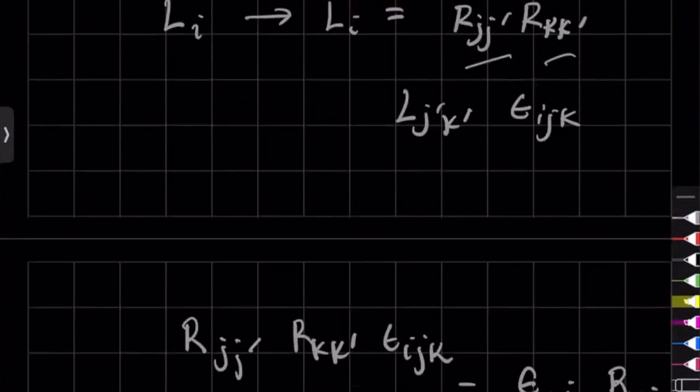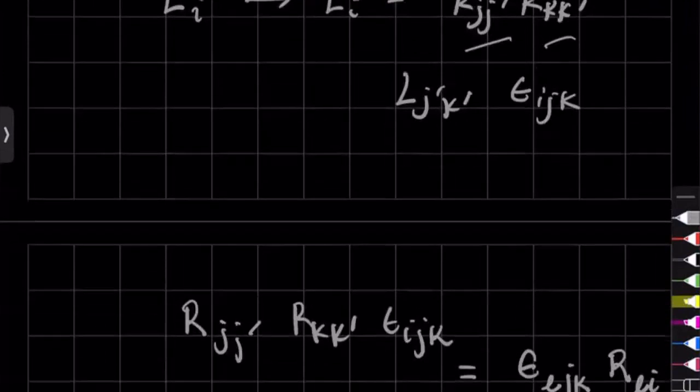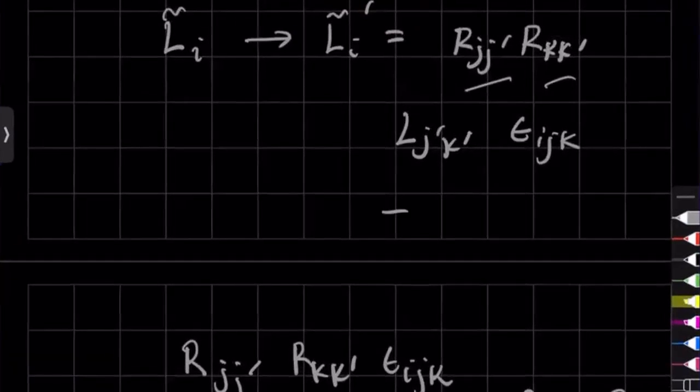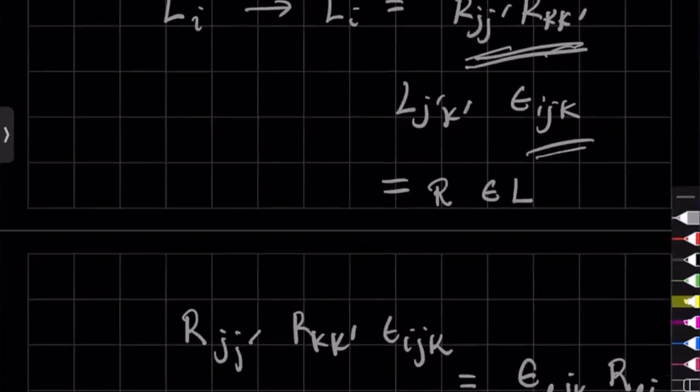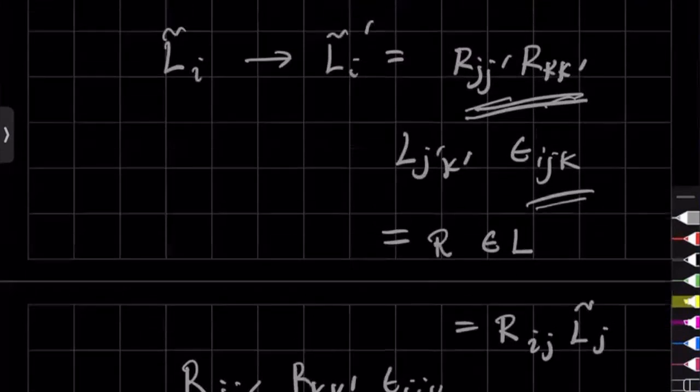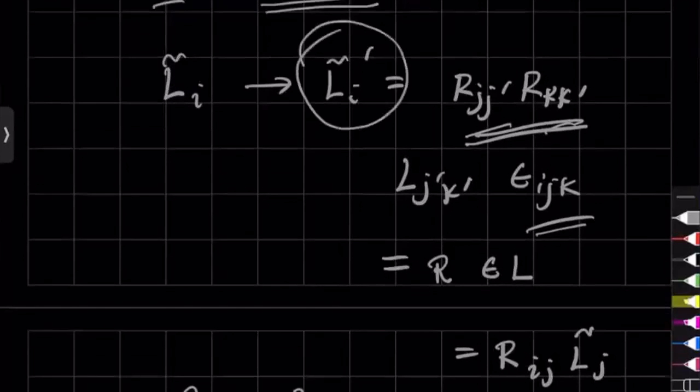So that identity and this identity are equivalent. So when we use this over here, we can replace these guys by a factor of R, a factor of epsilon and a factor of L, in such a way that we get R, I, J, L tilde J. So we see that this is actually a vector.